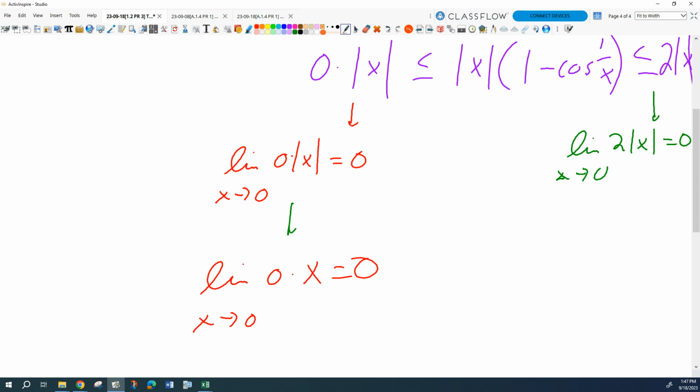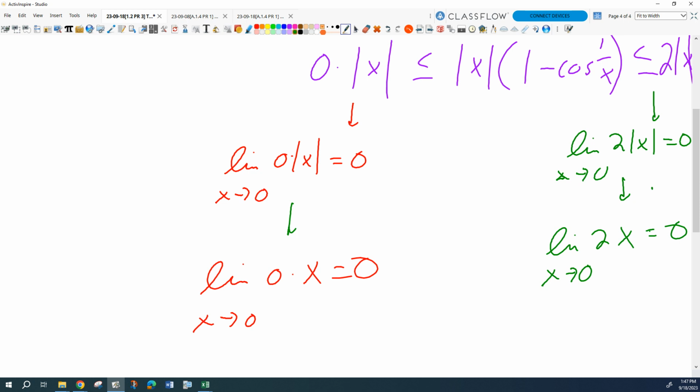And if the limit of 2 times the absolute value of x as x approaches 0 is 0, then by the same reasoning, what's the limit of 2x as x approaches 0? Yeah, it's still going to be 0, isn't it?